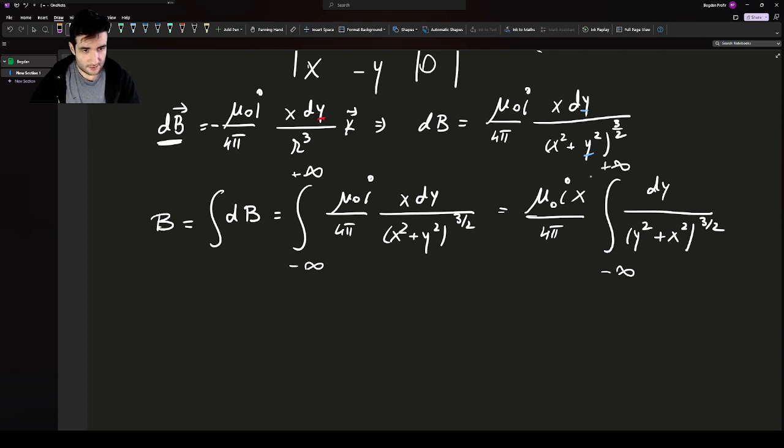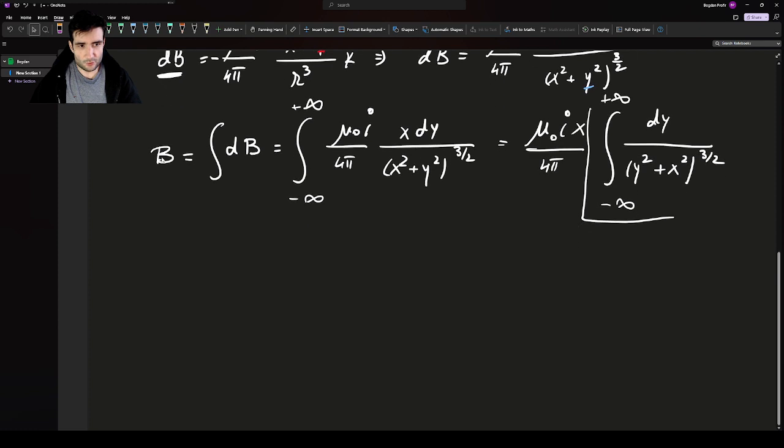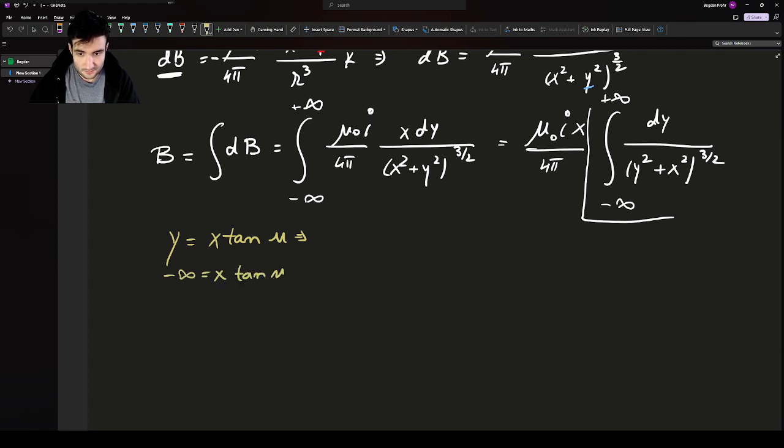And one of the ways to do it is actually use substitution. So the substitution that I will use is y equals x multiplied by tan u. And you'll see why that makes things very easy. So the first thing I want to do is change the integration limit. So when y is minus infinity, I want to see what u is.